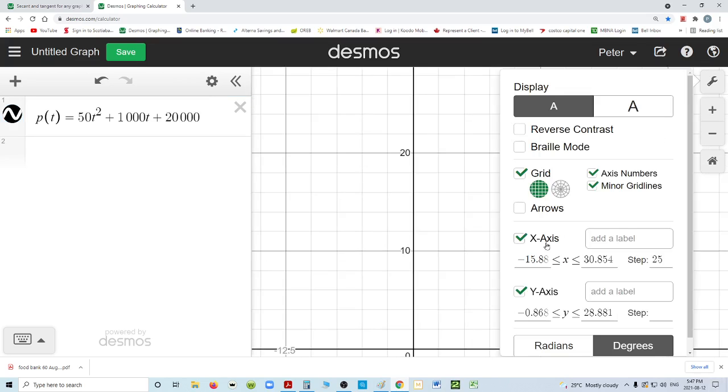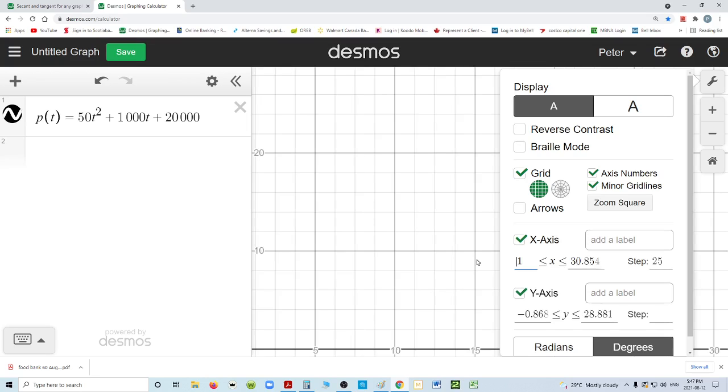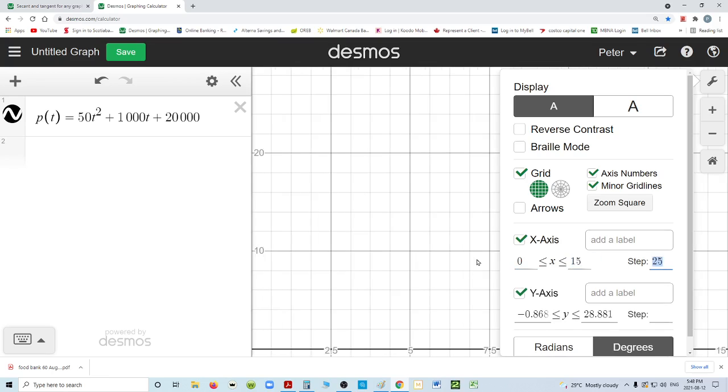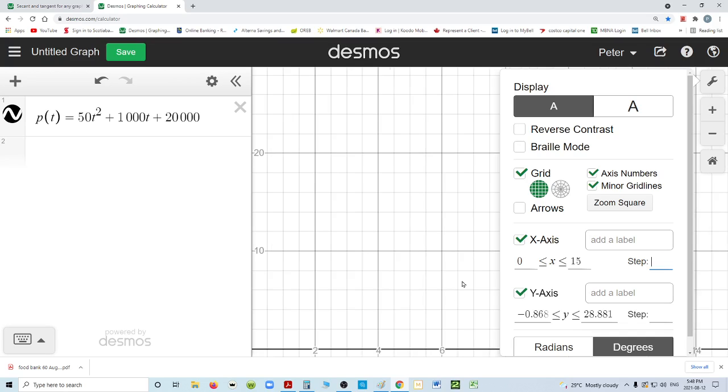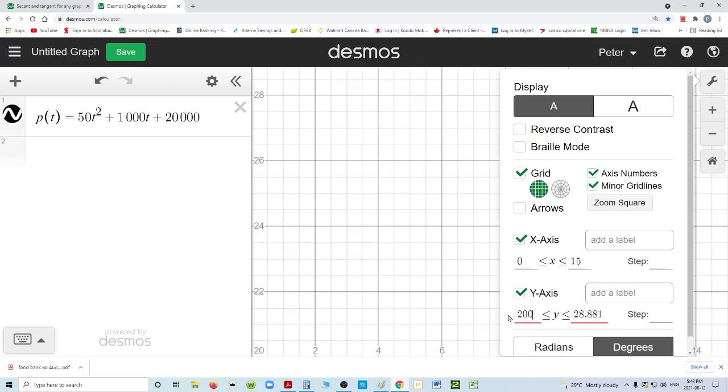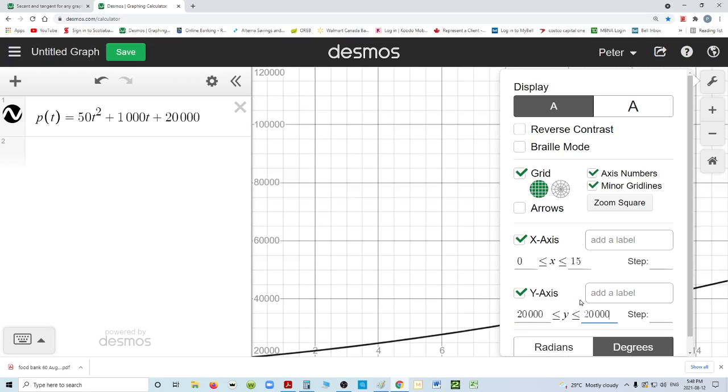So let's change the y-axis. Go from 0 to, I don't know, 15 years. With the y-axis, we're going to start it at 20,000, and we're going to go up to, I don't know, 120,000 by steps of 1,000.